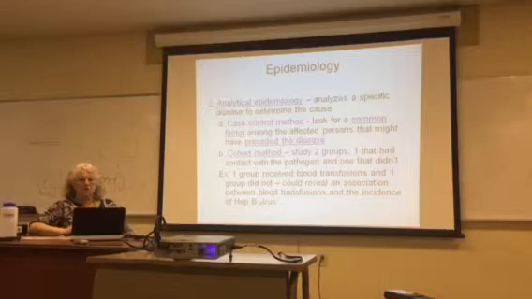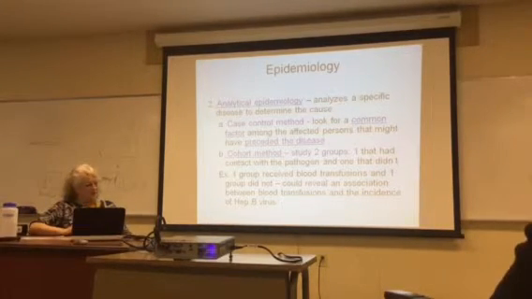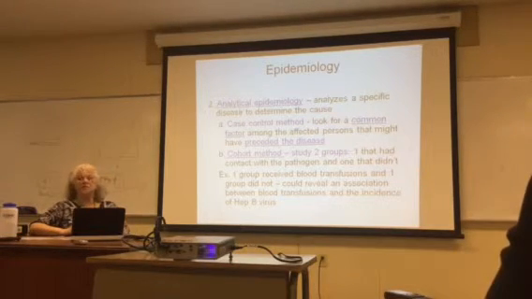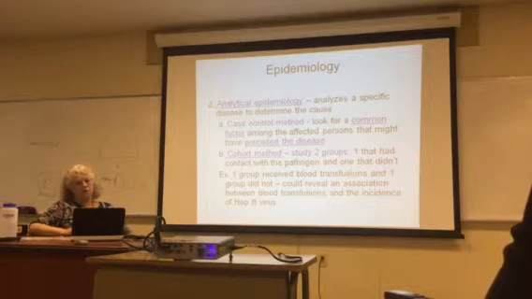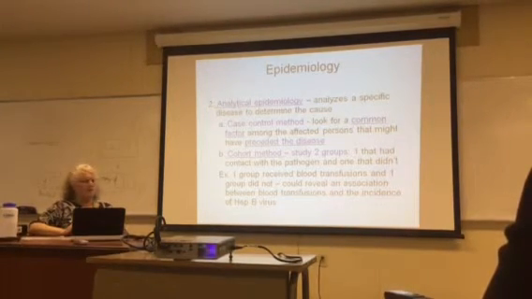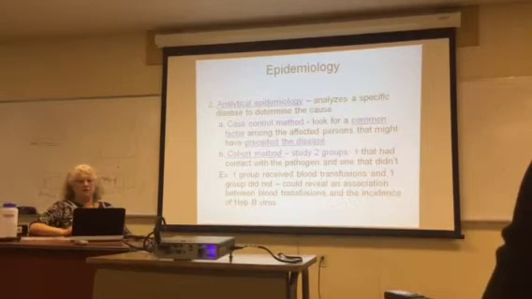Analytical epidemiology analyzes a specific disease to determine the cause. There are two different methods for this. One is the case control method. You look for a common factor among the affected people that might have preceded the disease. The second is the cohort method. You study two groups, one that had contact with the pathogen and one that didn't.